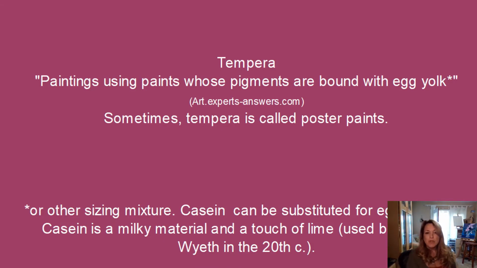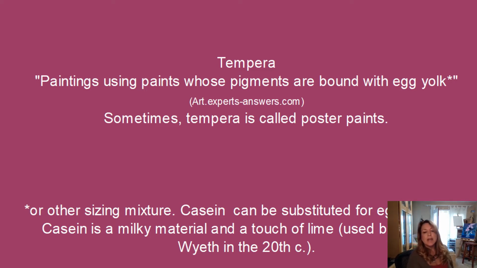Tempera. We talked a little bit about that, and we're going to talk a little bit more about it. So egg tempera is often called poster paints, but there is more professional grade tempera that you can get at the Artist Warehouse or Blick or online.